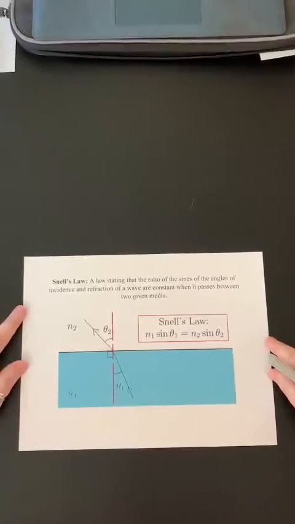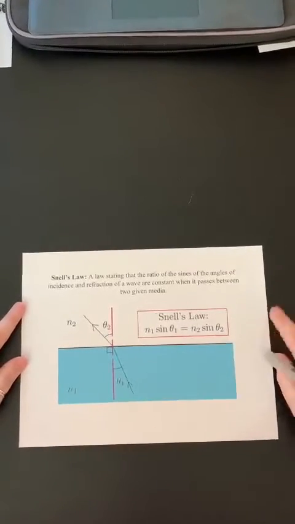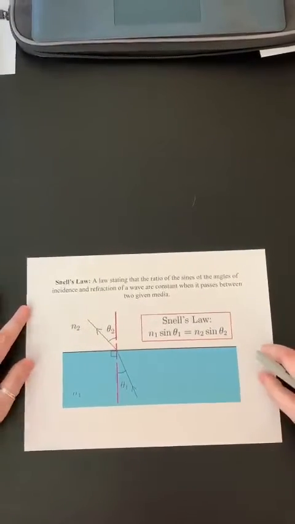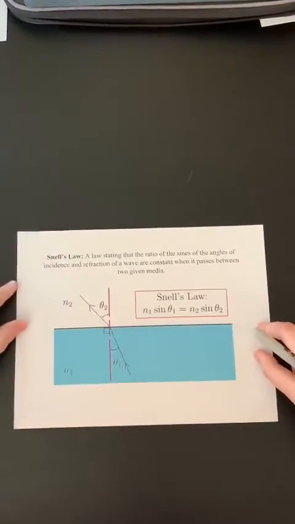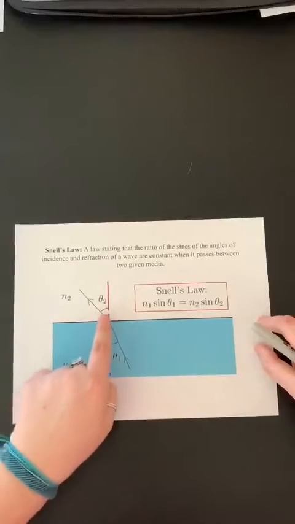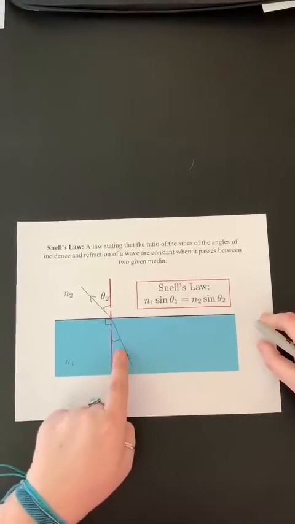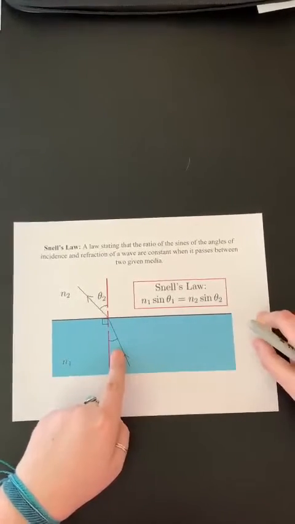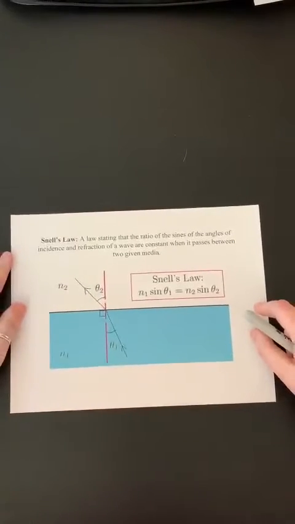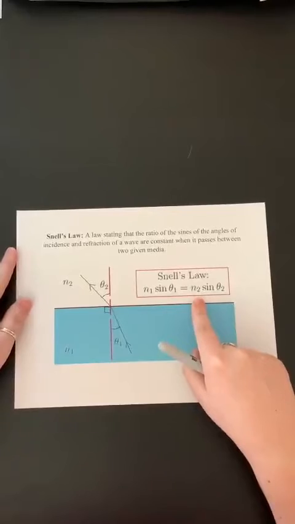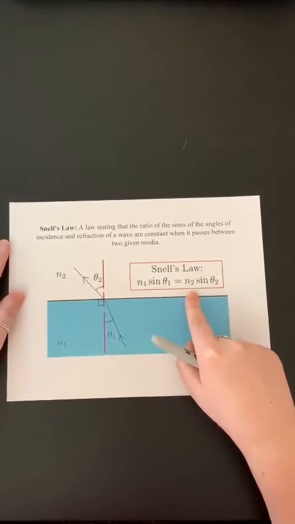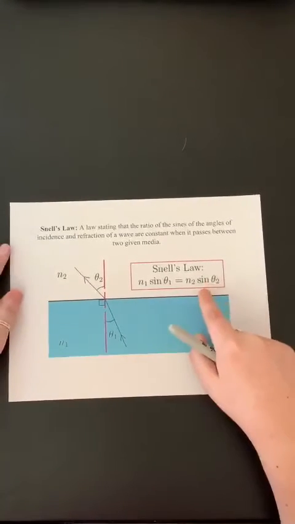Just like reflection has the law of reflection, refraction also has a law, but it is more commonly known as Snell's law. Snell's law allows us to define a relationship between the angles of incidence and the angles of refraction, as well as the differing materials' refractive indexes. This relationship is shown in the formula pictured. The sines of the angles and the indices of refraction have an inverse relationship.